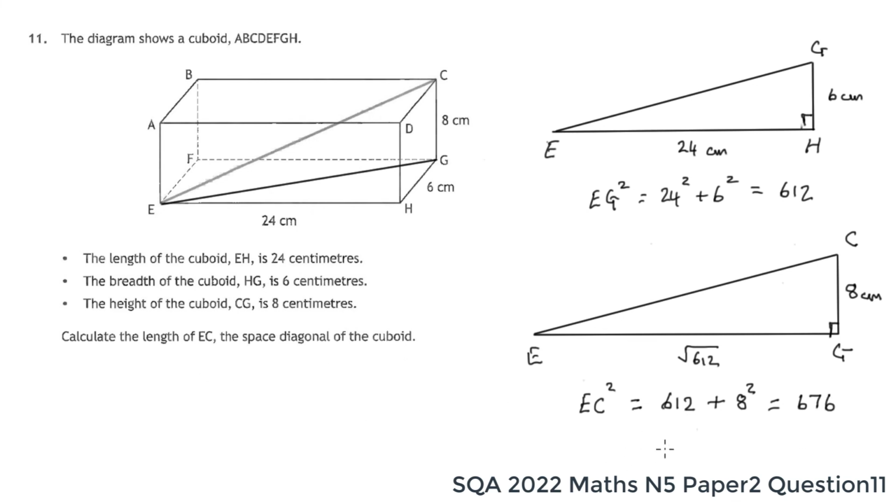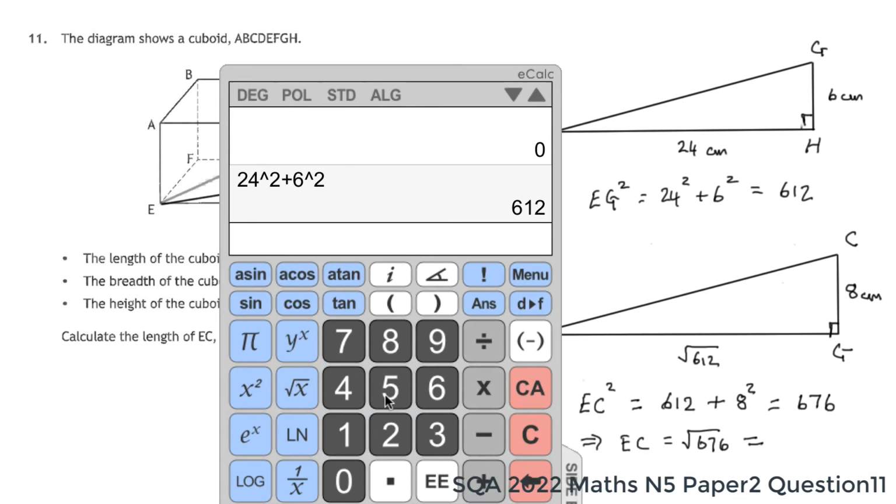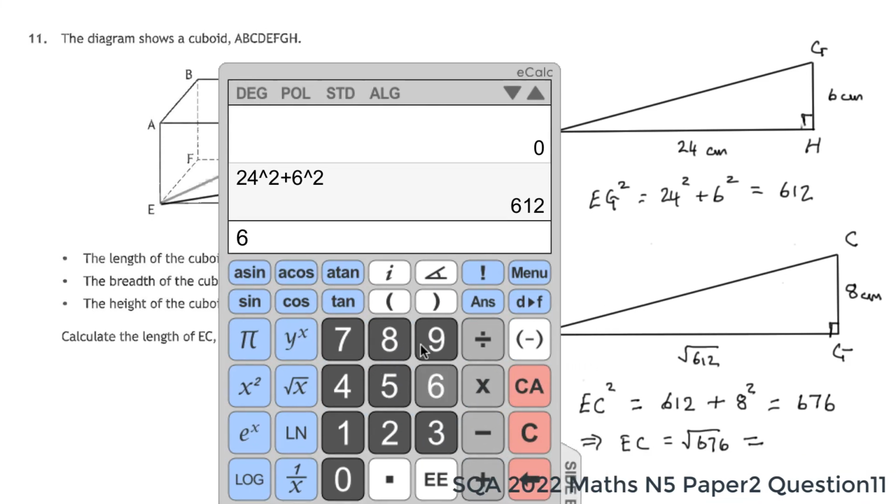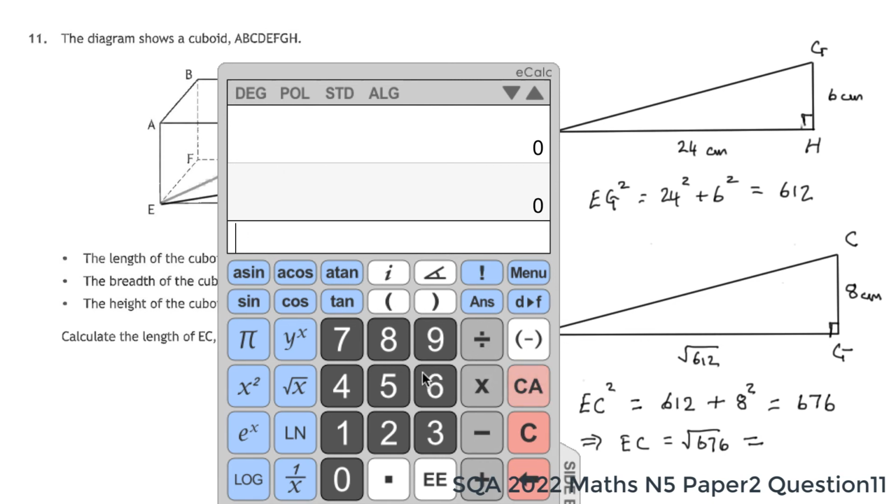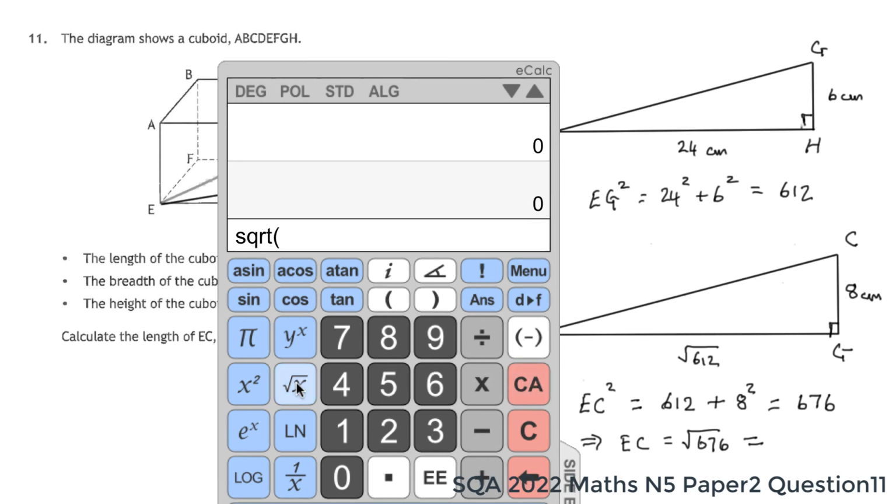So we're asked to calculate the length, so that would mean that EC would be the square root of 676. And let's get an approximation for that. So square root, let's clear that. Square root, where are we? There it is.